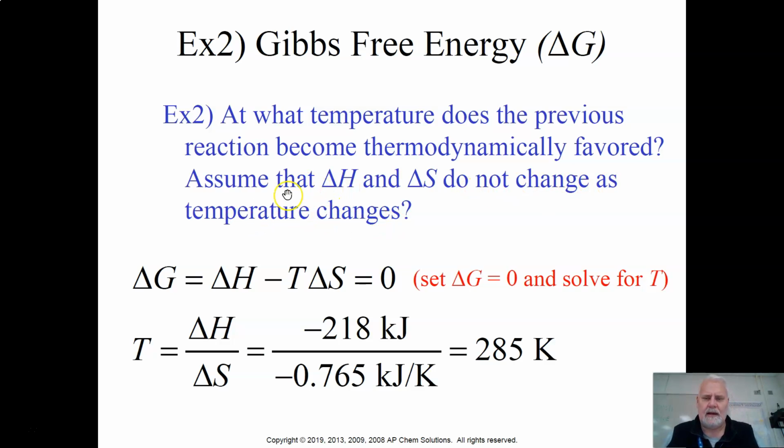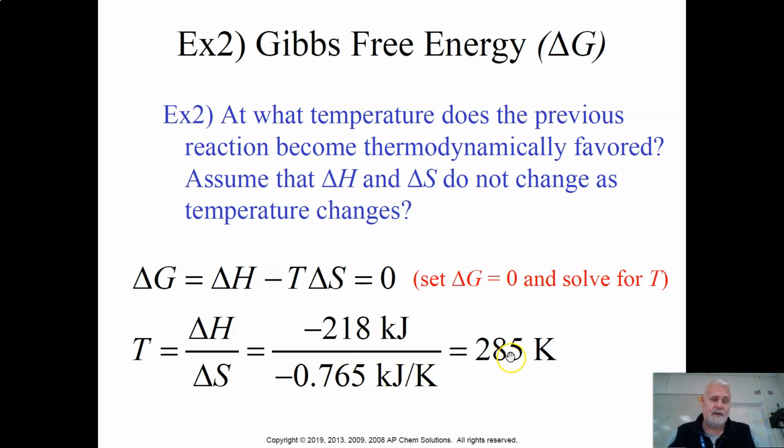Okay? So the way you can do that is, the point when it becomes not thermodynamically favored, the cutoff point between negative and positive, is 0. So you can set this whole thing equal to 0. And when you do that, you can rearrange, get T all by itself, and it's delta H over delta S. Then you can just divide them, and you'll end up with a temperature.